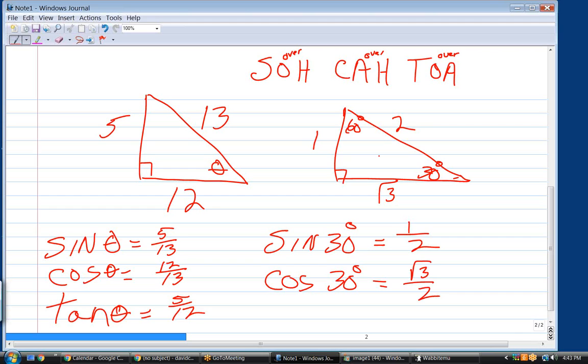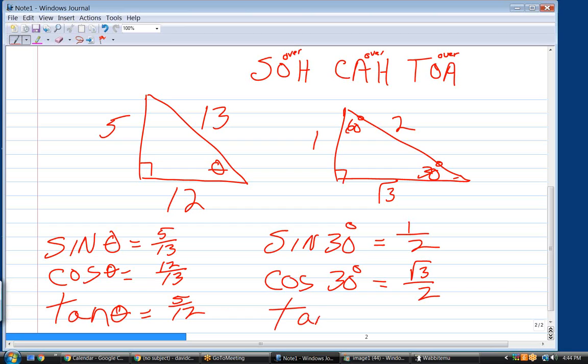In other words, it's this over that value. The adjacent. Wait, so cos stands for cosine adjacent over hypotenuse? Yes. Exactly. And these are only for angles, right? These are only for angles. You only take trig functions of angles.